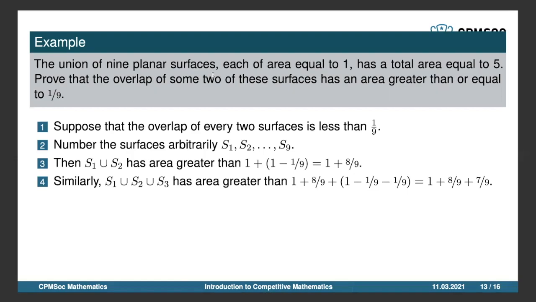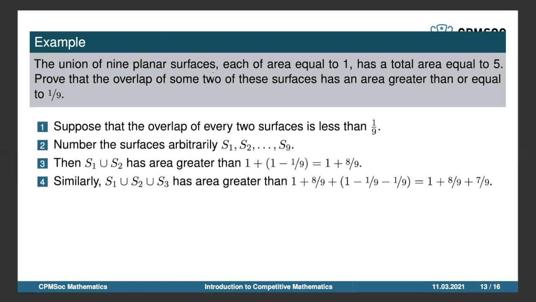Okay, so now we can do a similar process. In step 3, we considered the first two surfaces, and now we can add another surface. So now we have the first 3 surfaces. We have S1 and S2, and if we add the third surface, we can again investigate what happens.